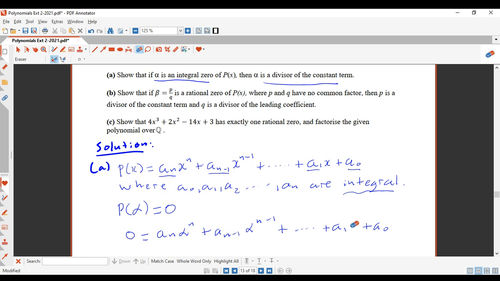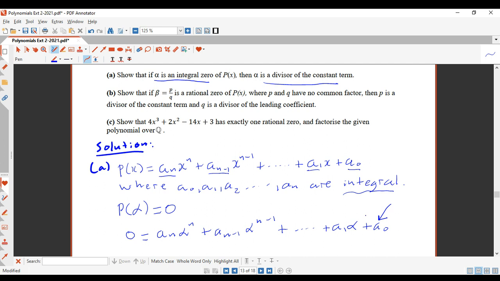Get rid of that. That should be an alpha. Okay. Now, it says we've got to show that alpha is a divisor of the constant term. So the constant term is just here, isn't it? There's my constant term.